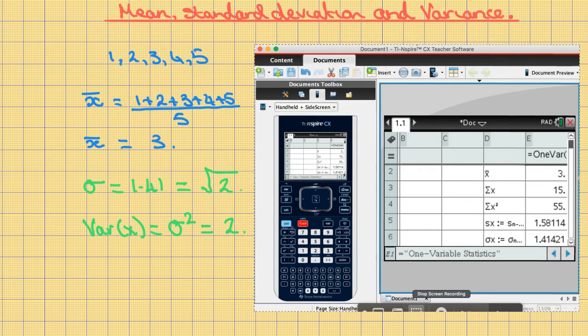So for this original set of data 1, 2, 3, 4, 5, we found that our mean is equal to 3, our standard deviation is equal to root 2, and our variance, which is equal to the standard deviation squared, is 2.